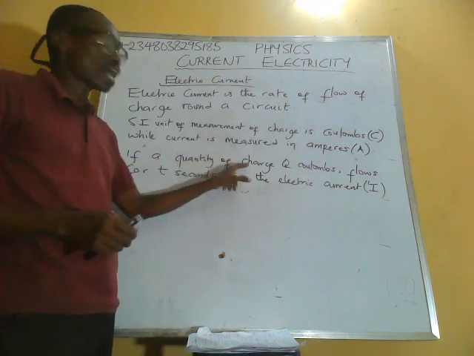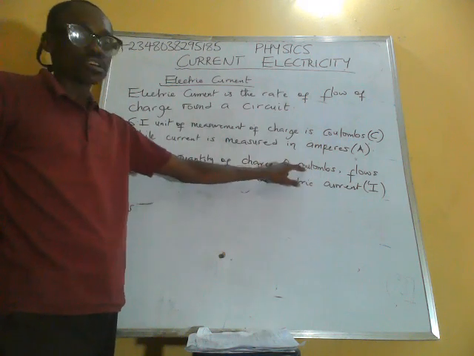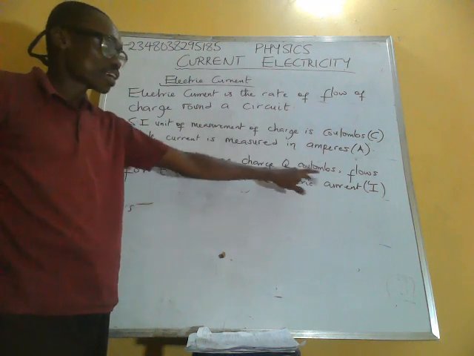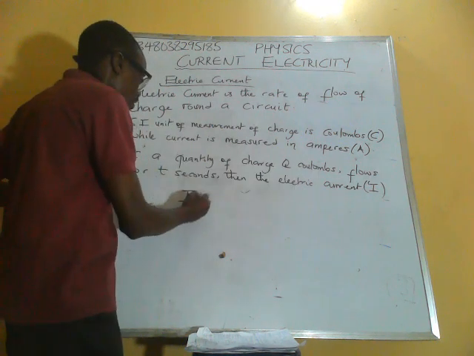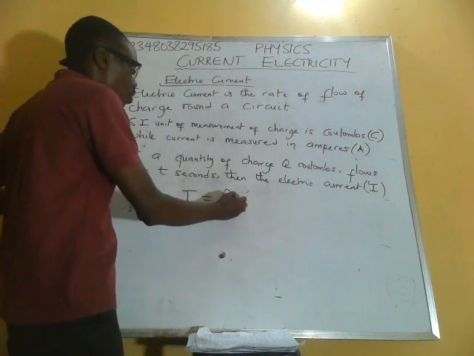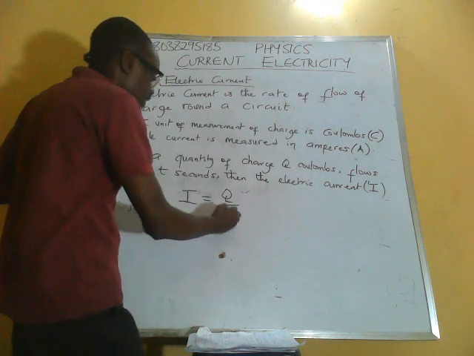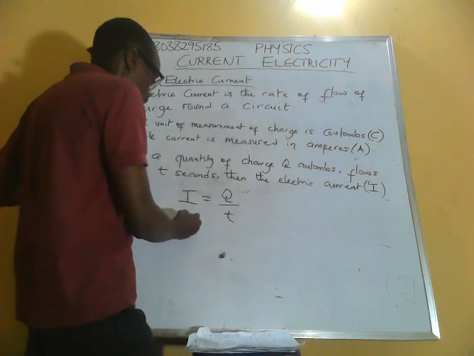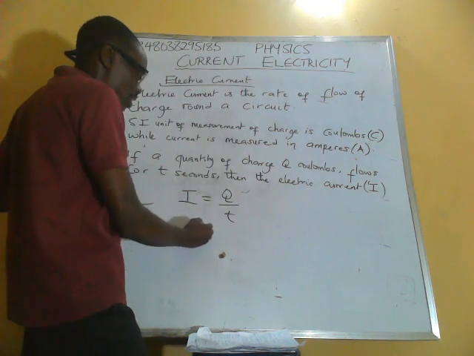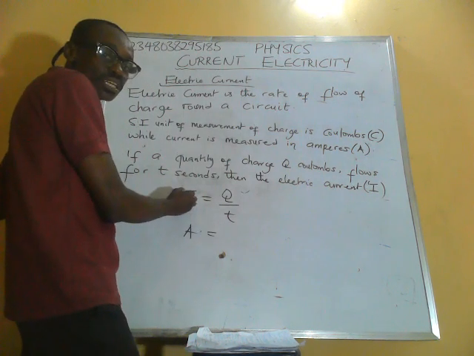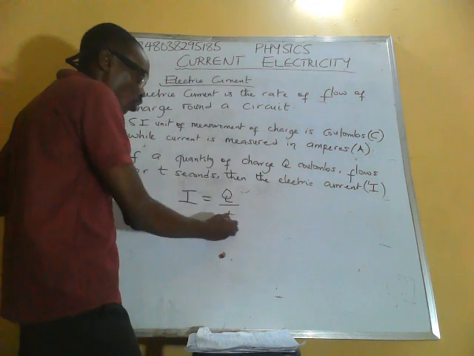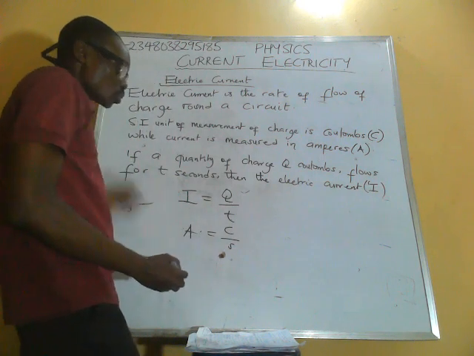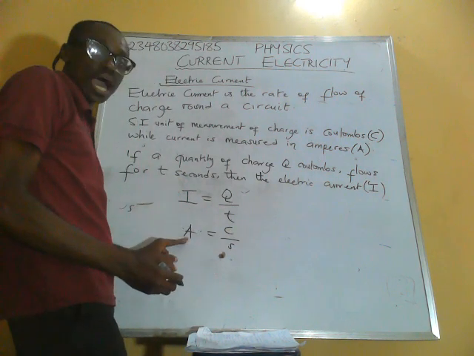If a quantity of charge of Q coulombs flows for T seconds in a circuit, then the electric current I is equal to Q over T. I, which is the current, is in amperes A. Q is in coulombs C, while time T is in seconds S. So we have coulombs per second equals amperes.